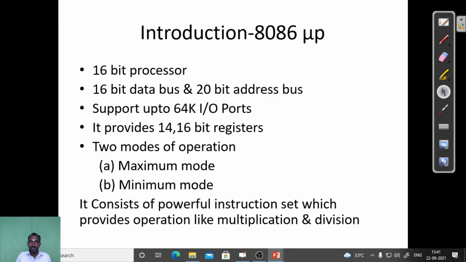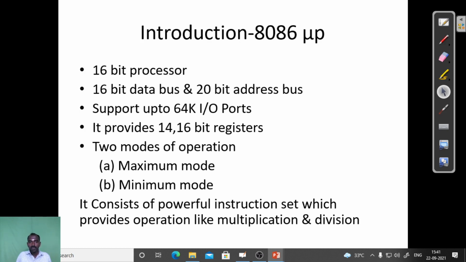Here we discuss the 8086 microprocessor. The 8086 microprocessor is a 16-bit processor. It is an enhanced version of the 8085 microprocessor that was designed by Intel in 1976.